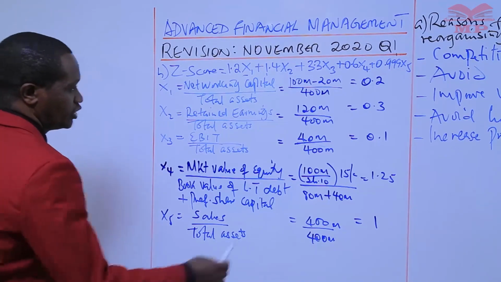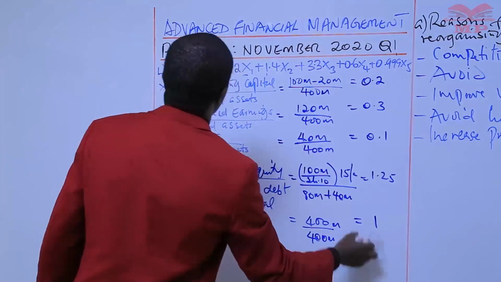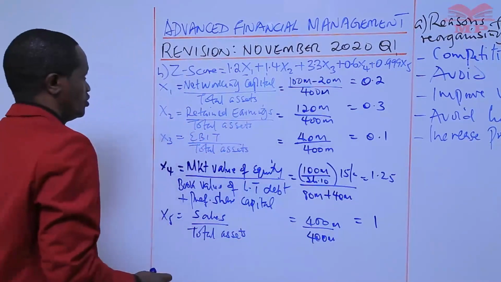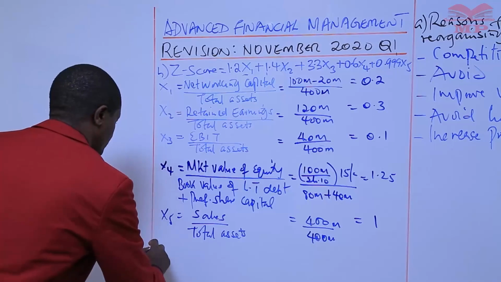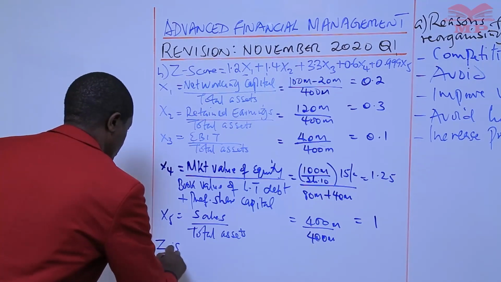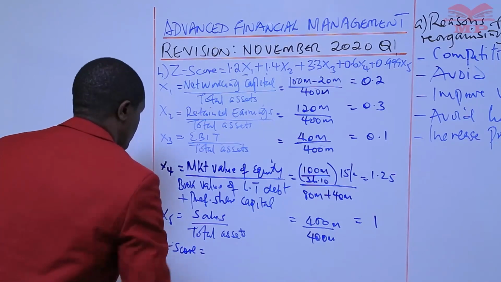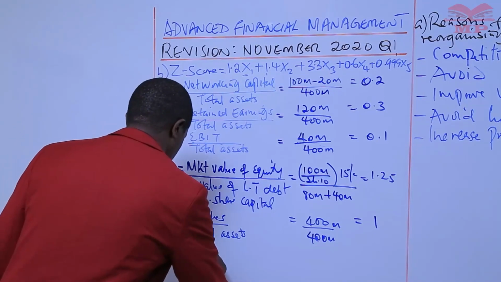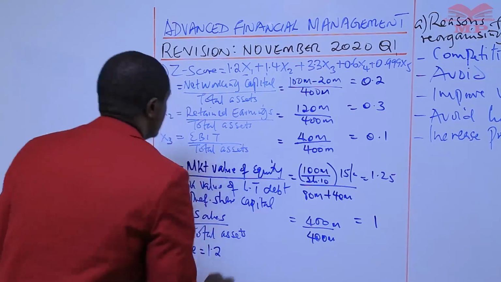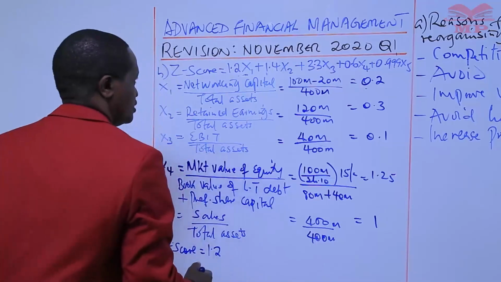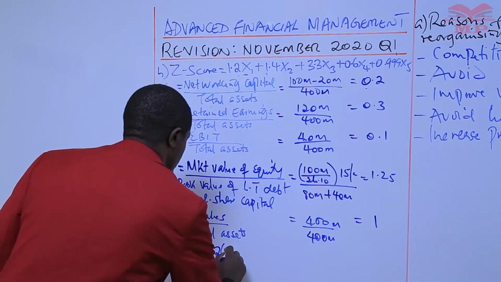will be equal to, we are going to substitute the ratios in the main formula. The Z-score will be equal to 1.2 times 0.2.